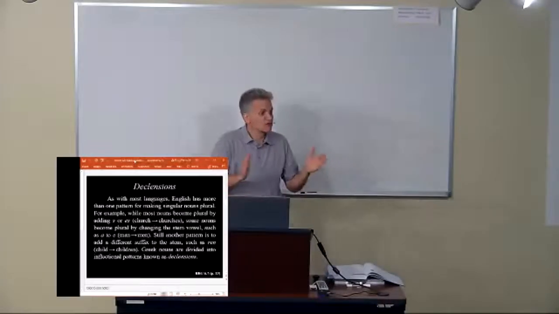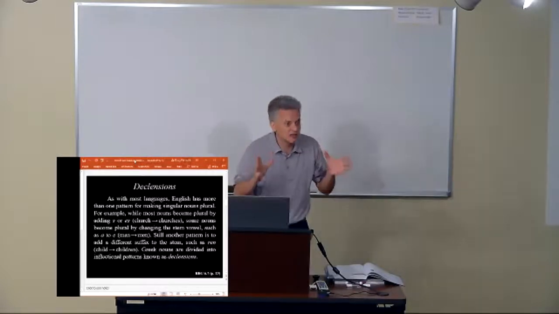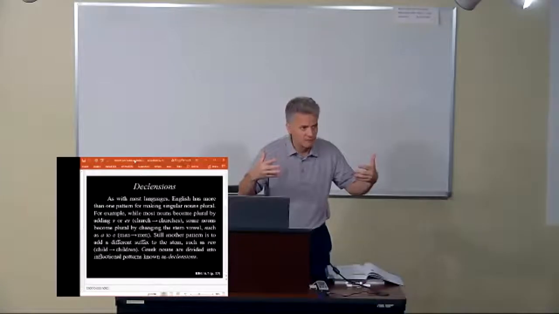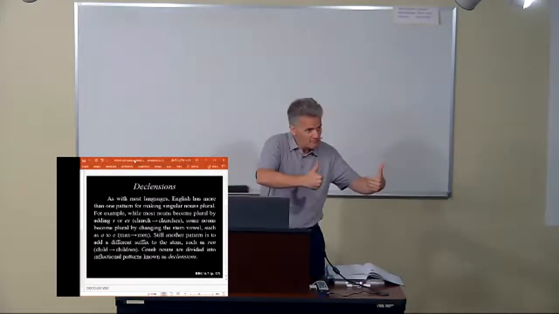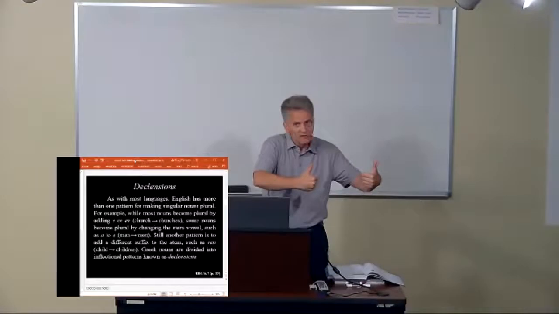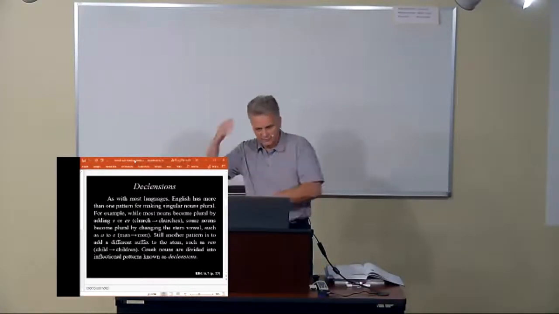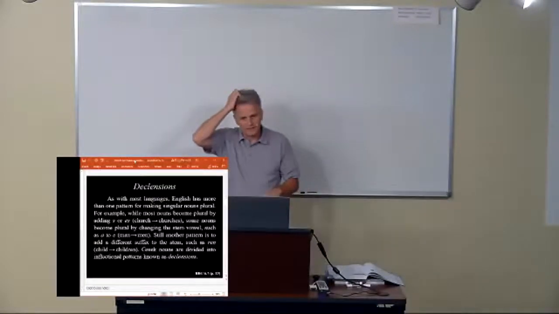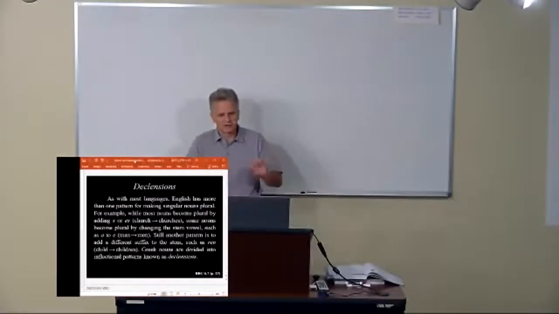It's just a different, now let's bring in a term we use in Greek, a different declension. It's a different way of declining the noun for number. So the standard method is an S. Sometimes you'll have the ES. Sometimes you'll have the vowel change. And so these are examples of different declensions, if you will, for pluralizing in English.